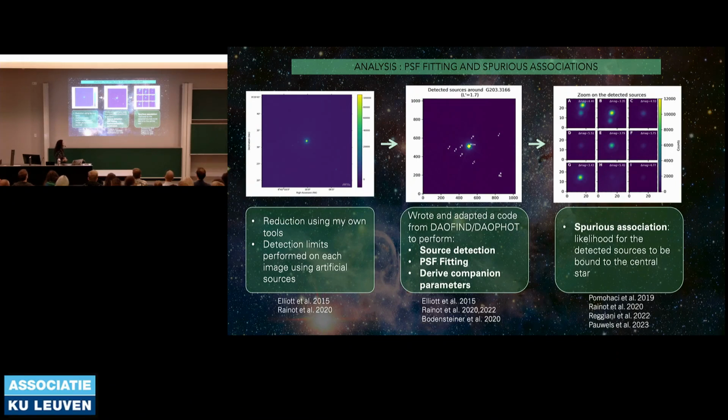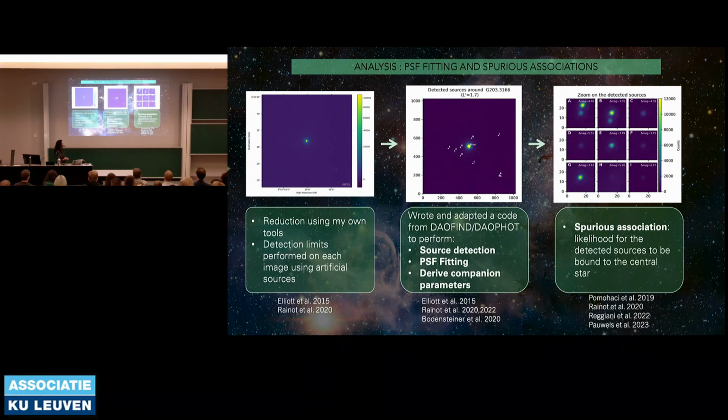Then I wrote and adapted a code from the DAOFIND and DAOPHOT algorithms, for those of you familiar with them. The main steps are source detection and PSF fitting, and once we have the PSF fitting, we can derive the companion parameters.